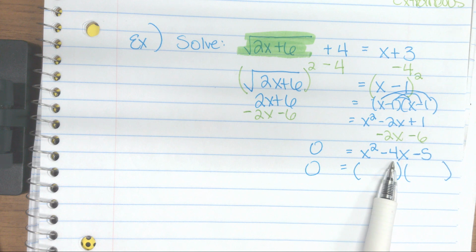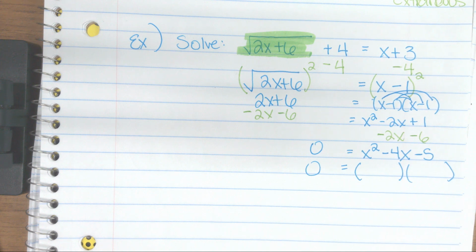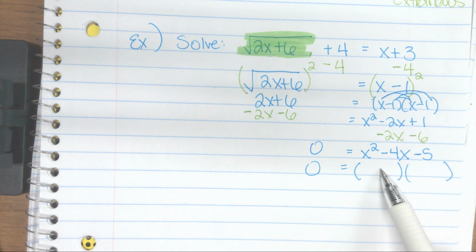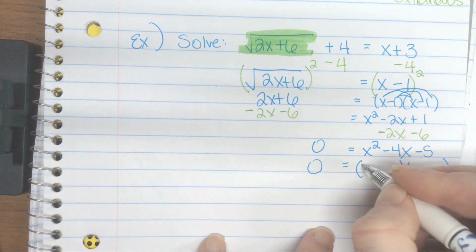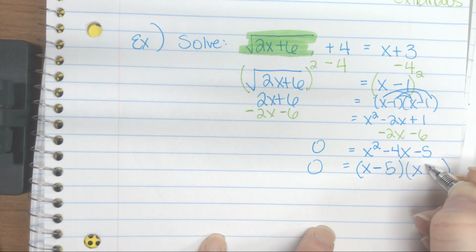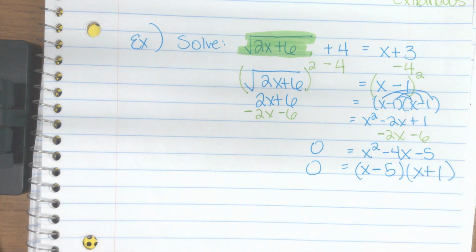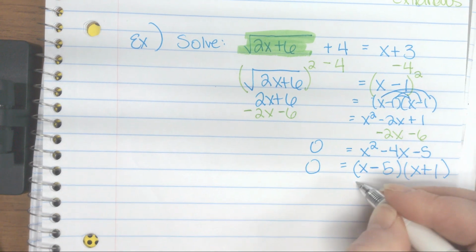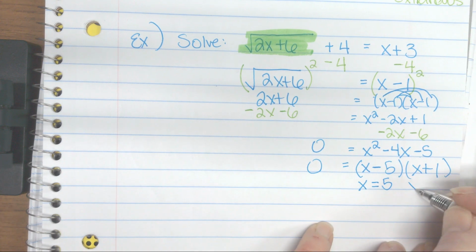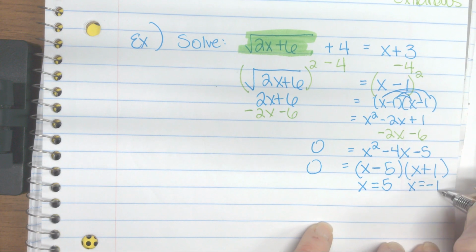Please answer the question. Any suggestions there? They have to multiply to be negative 5, add up to be negative 4. X minus 5, x plus 1 equals 0. So the solutions to this would be x equals 5, x equals negative 1.